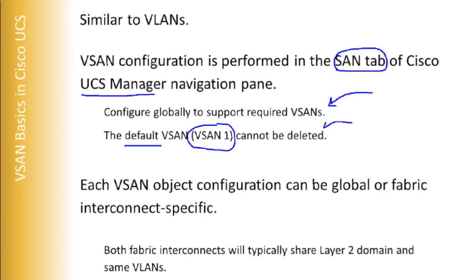Notice we cannot delete that vSAN. Just like our VLANs, we can create these vSANs globally or Fabric Interconnect specific. But once again, just like with our VLANs, both Fabric Interconnects will typically share the virtual storage area network configuration.